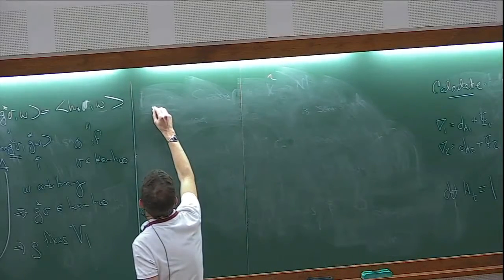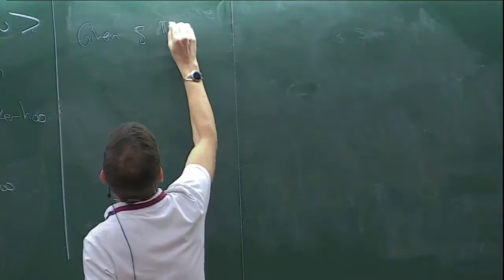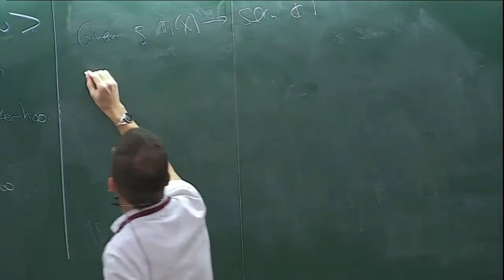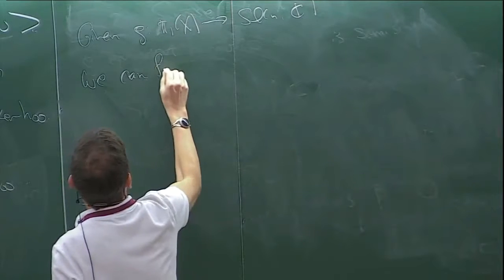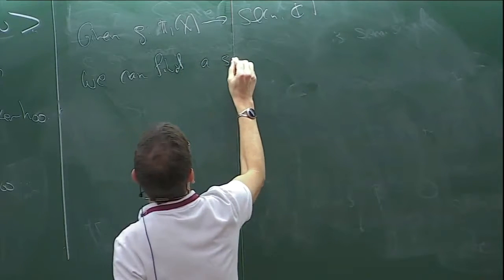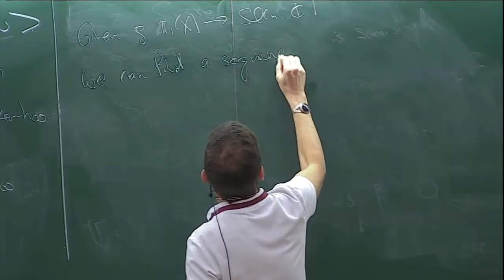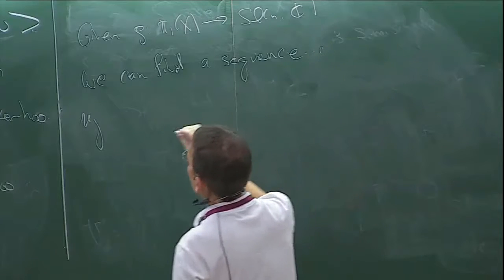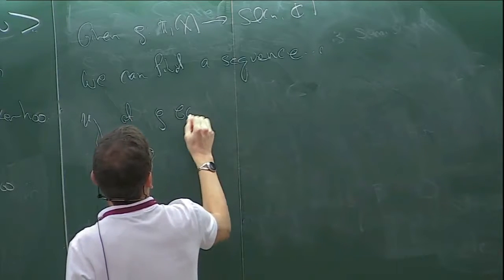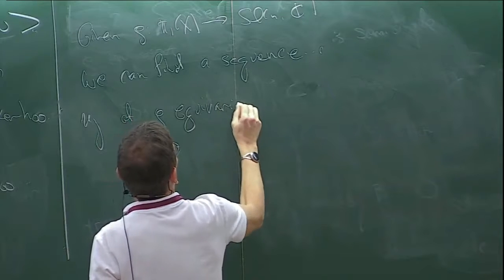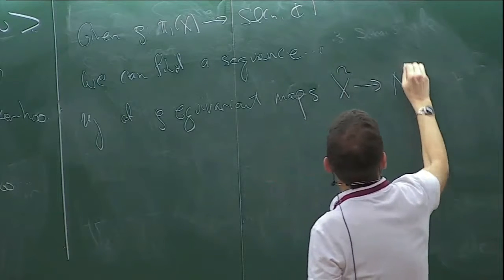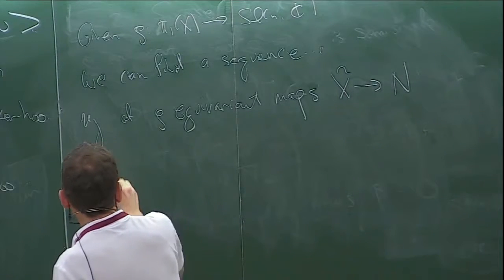So given rho, we can find a sequence uj of rho equivariant maps with the following properties.